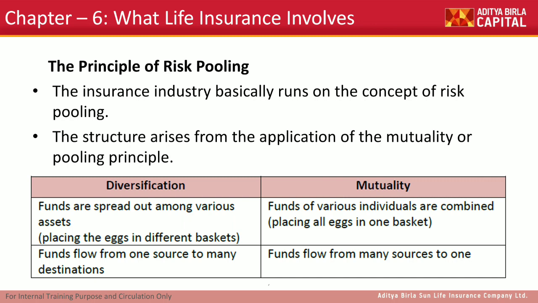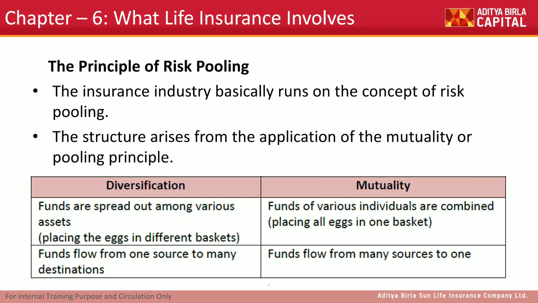Let's understand the difference between diversification and mutuality. Diversification is a process where funds are spread out over various assets. It's as simple as placing the eggs in different buckets. But in mutuality, funds of various individuals are combined.